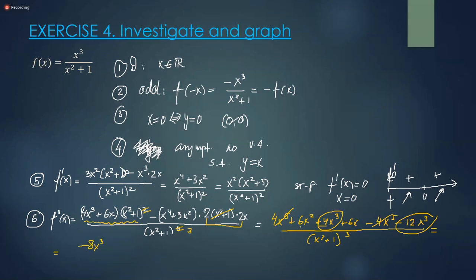Then we have 6x squared plus 6x, so plus 6x squared plus 6x. I hope I did things right. Divided by x squared plus 1, cubed.